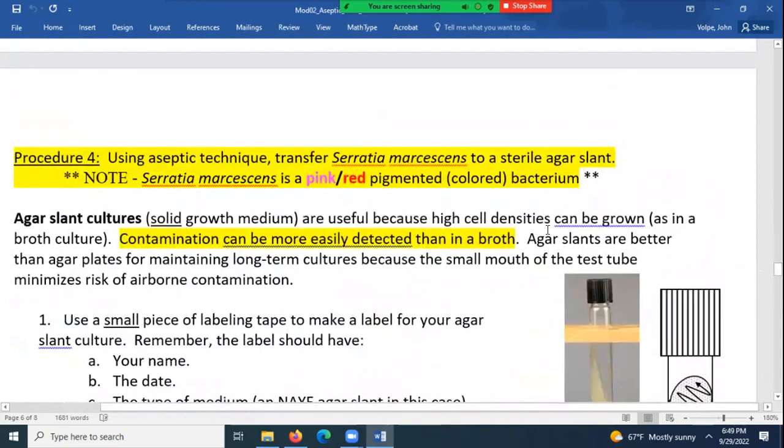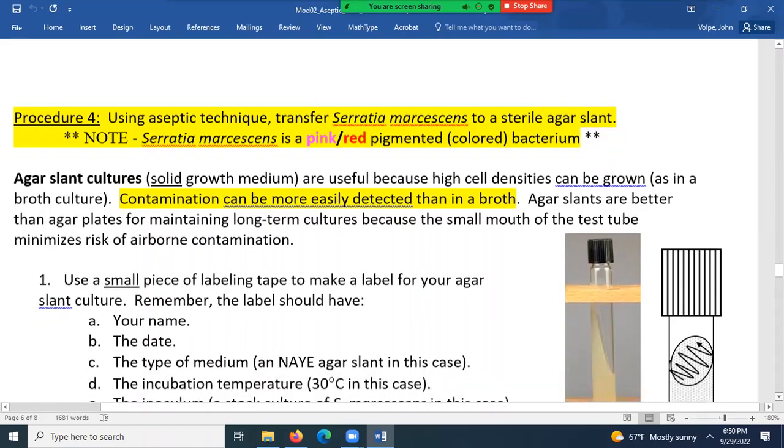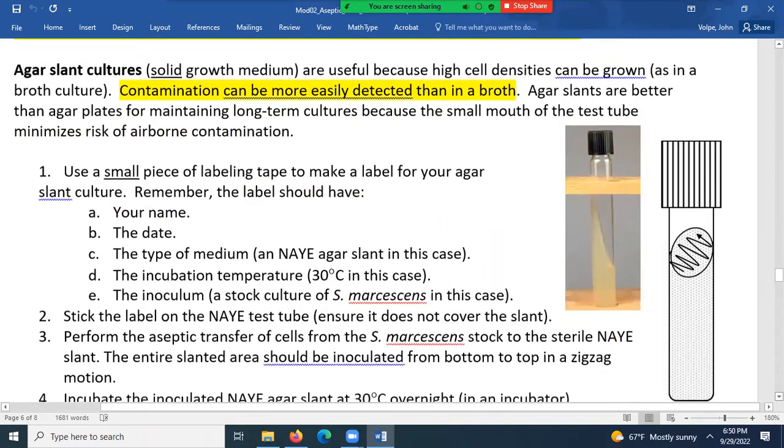For procedure 4, it's very similar, except you're transferring Serratia marcescens onto a sterile agar slant. When Serratia marcescens grows on an agar slant, it'll be reddish in color. Contamination will be much easier to detect because if the color anywhere is not red, then you know you have contamination.